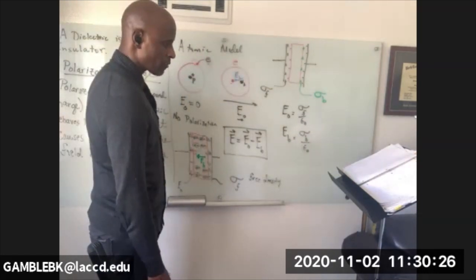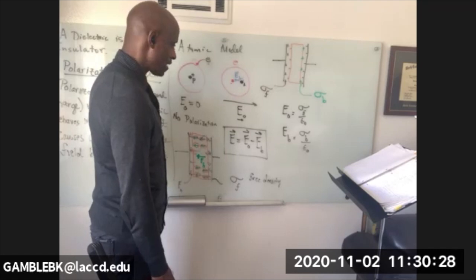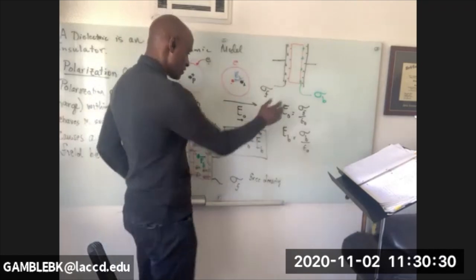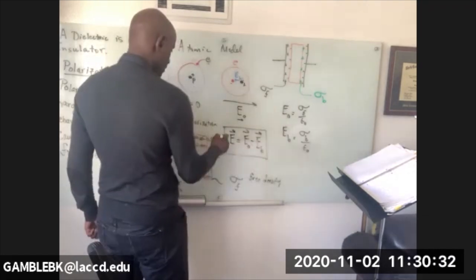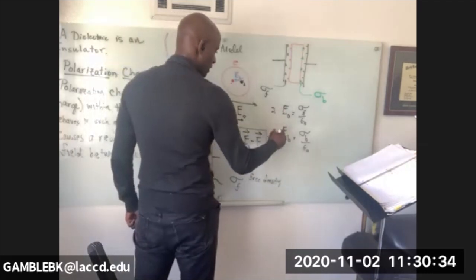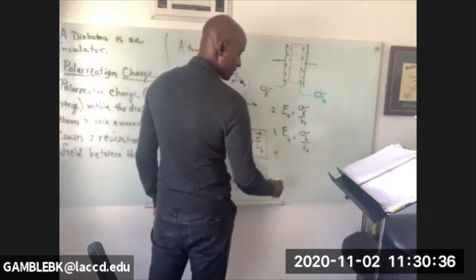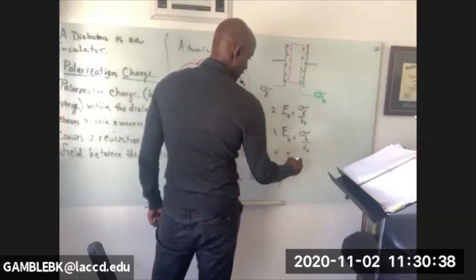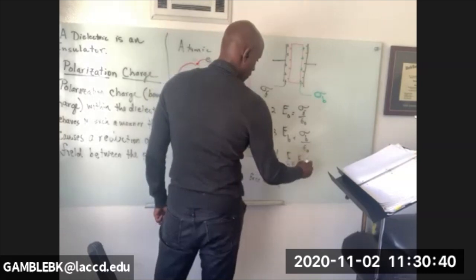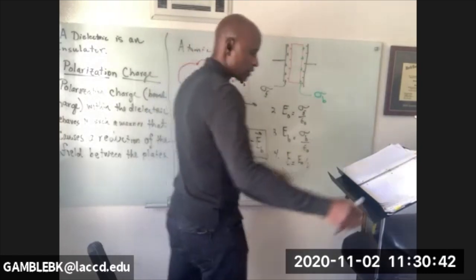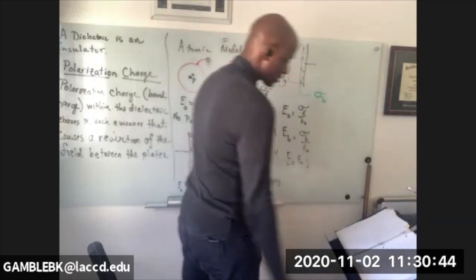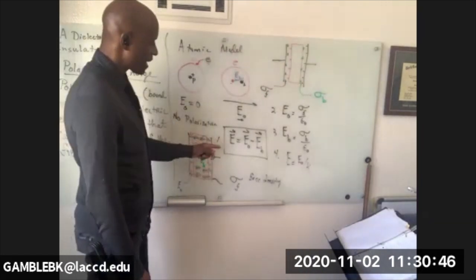So using that relationship, and I'll let you maybe do it as an exercise. So using these two things, let's number them, it's equation 1, 2, 3, and also using the relationship that E equals E naught over chi, you can show the relationship of the sigma bound to the sigma free.